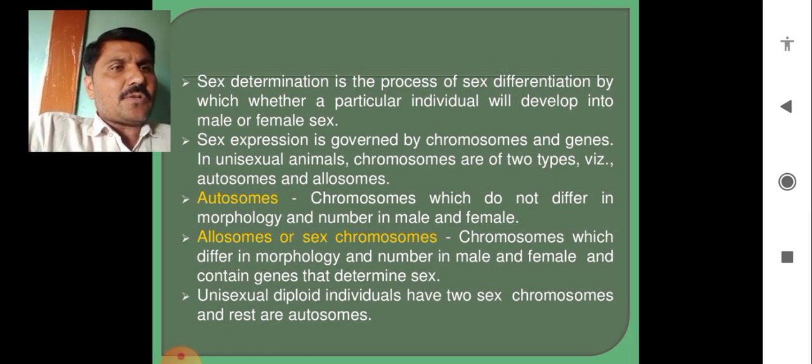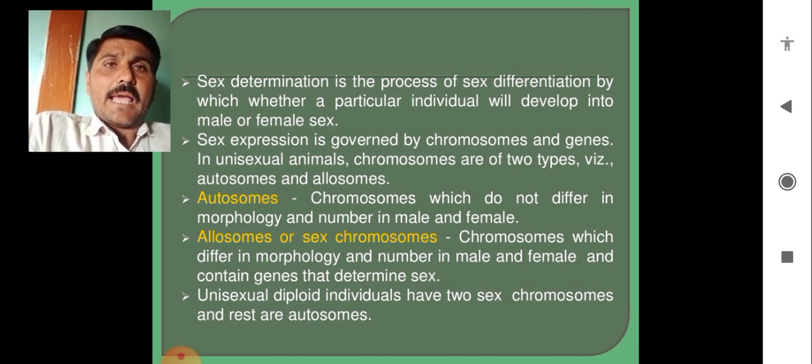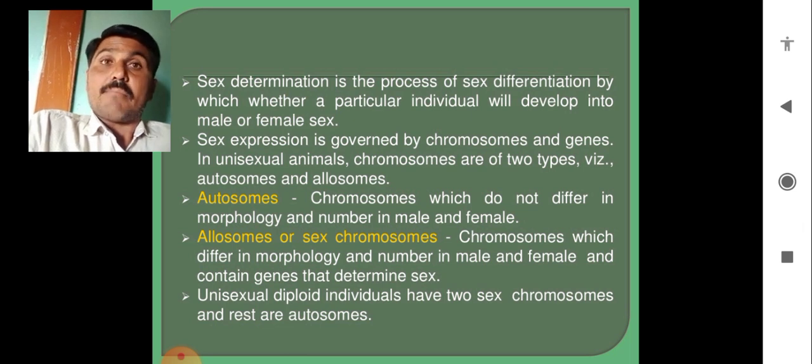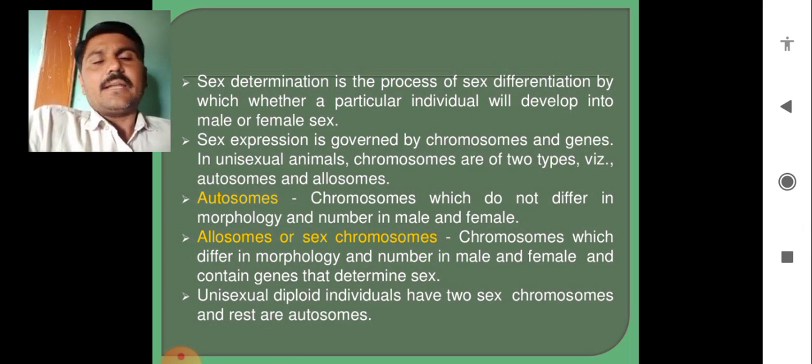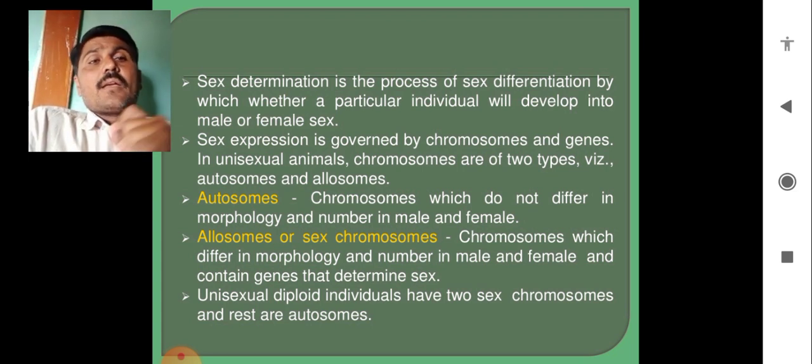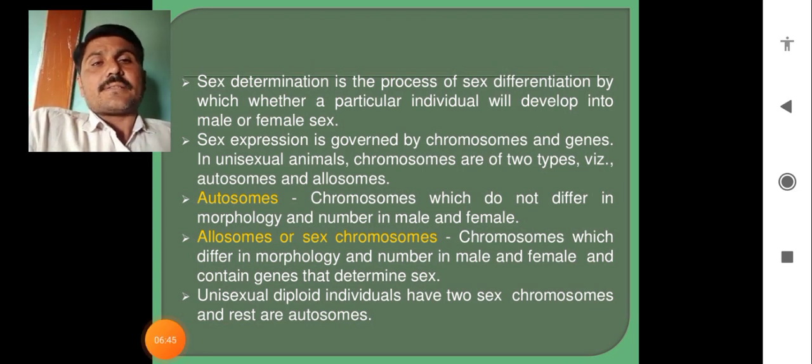So, friends, in allosomes, chromosomes can differ from each other in the external structure, that is the morphological structure, and can differ in number too in both genders, male and female, and they contain the genes that determine the gender.